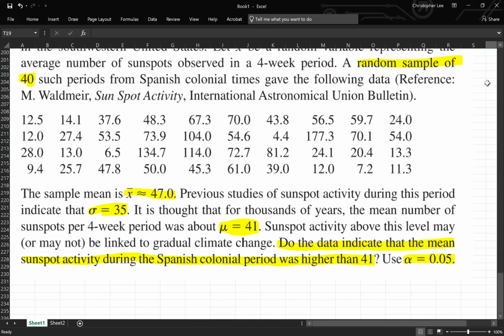Left tail is less. Higher than or less than? Just read it, it says higher than, so that means it's to the right, the highest to the right. Higher, so right tail, or greater than.